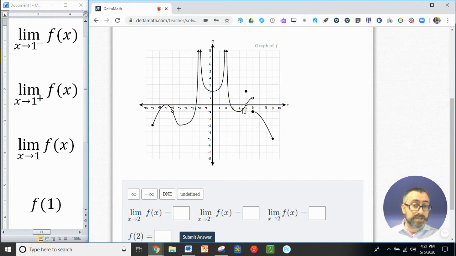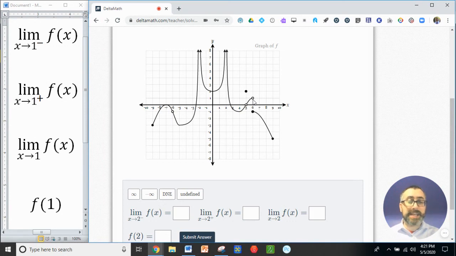The limit as it approaches from the left is 0, from the right it's 0, so the total limit is 0. But the actual output, if I plug 5 into this function, I get this outlier of 2. So we might have a function output that's an outlier from the limits.